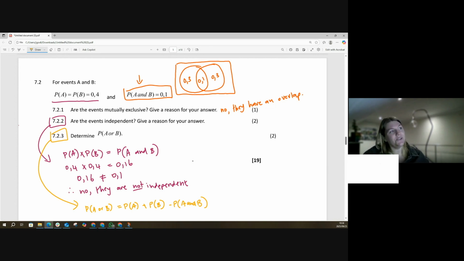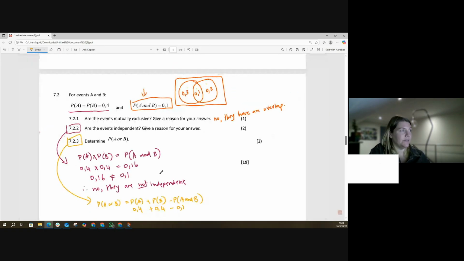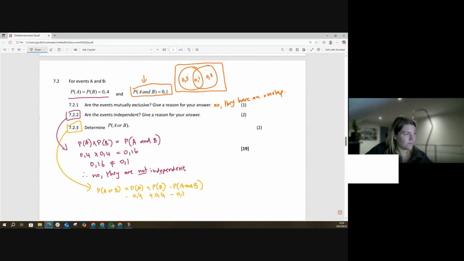So if you drew a Venn diagram to help you, you can just add them together. Or you could say 0,4 plus 0,4 minus 0,1. And that is going to give you 0,7. Okay, feel free to take a screenshot.